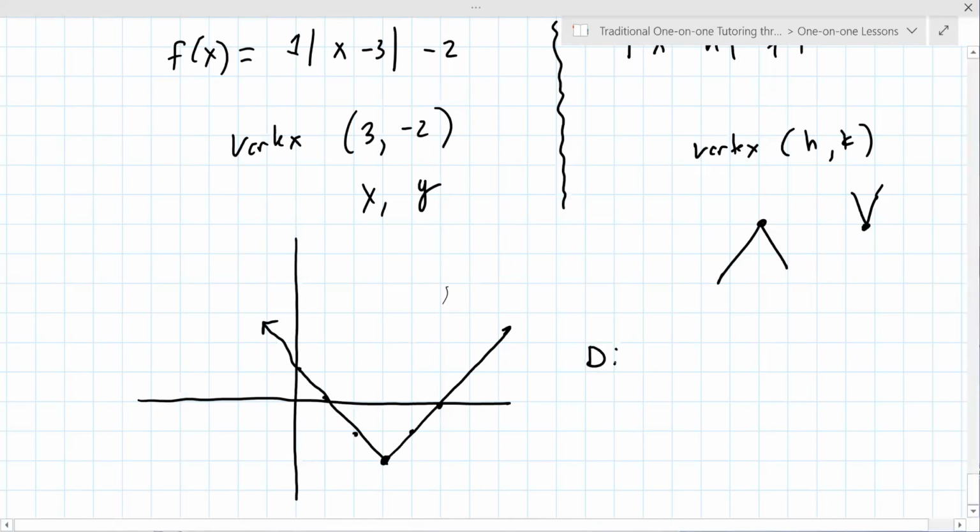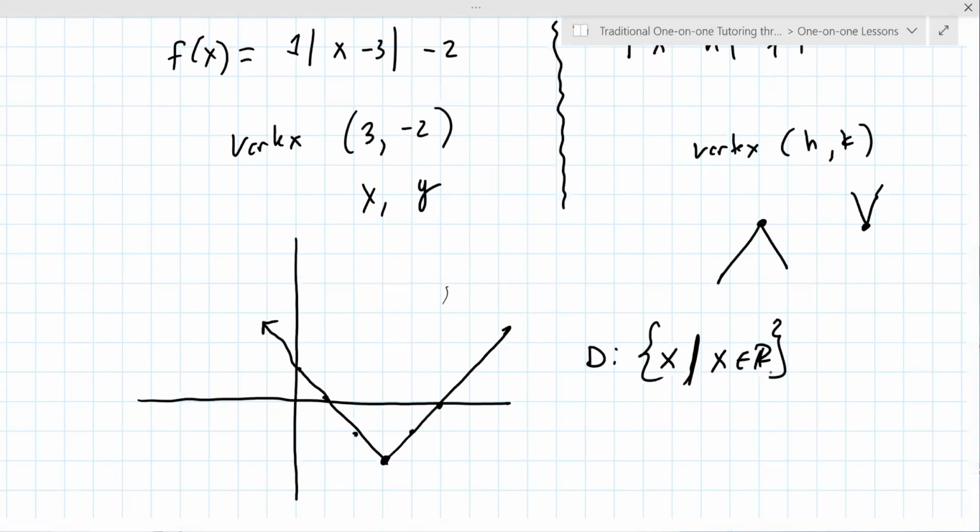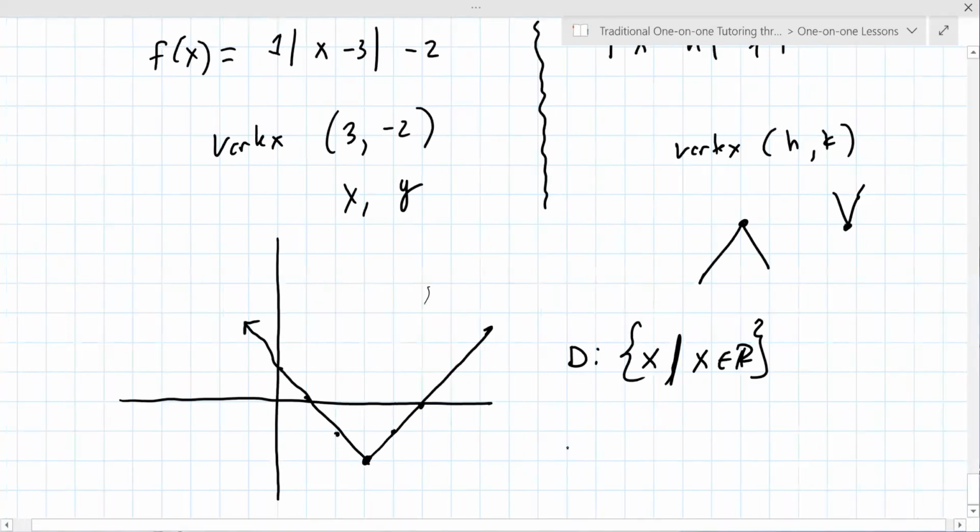Okay, so the domain in set builder notation: the domain of these absolute values is always all real numbers, x such that x is an element of the real numbers. Always, always, always. Then the range depends on whether it opens up or down.